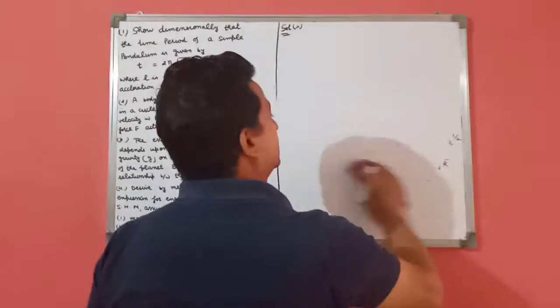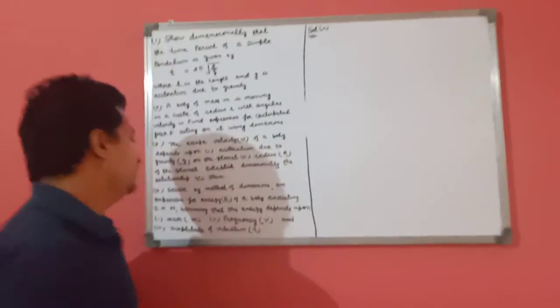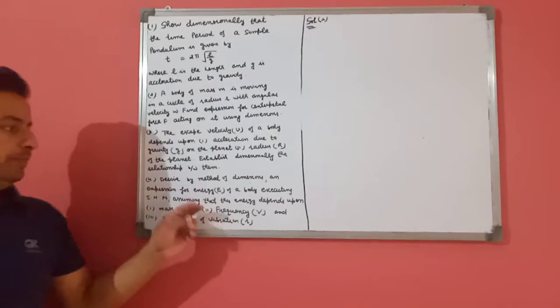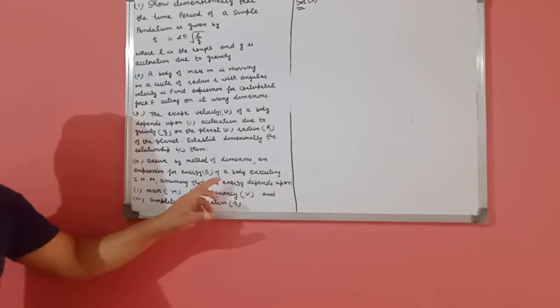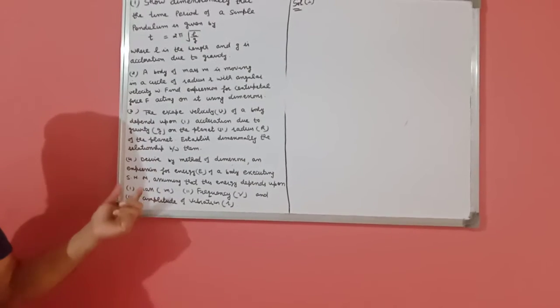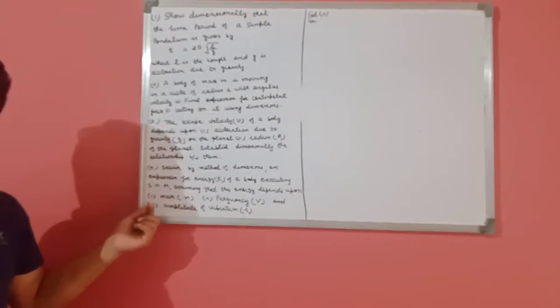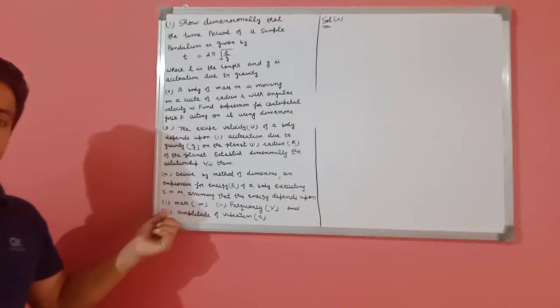In question number 4, the statement is: derive by the method of dimensions an expression for the energy E of a body executing SHM. SHM is simple harmonic motion.